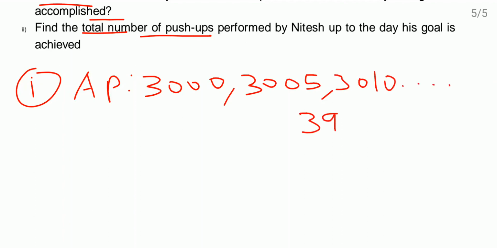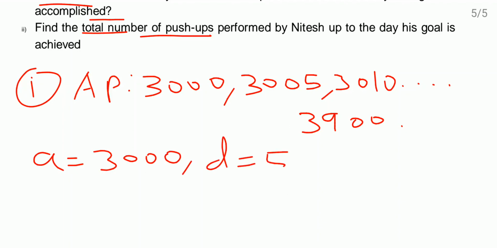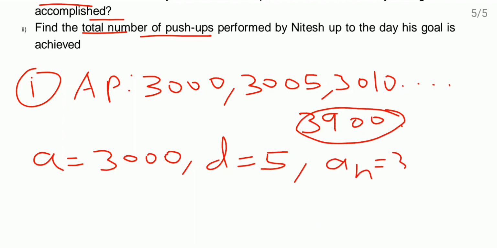The target 3900 is the last term. Correct. Now from the AP we can write down a equal to 3000, and d equal to 5. The last term, the nth term, a_n, is equal to 3900.